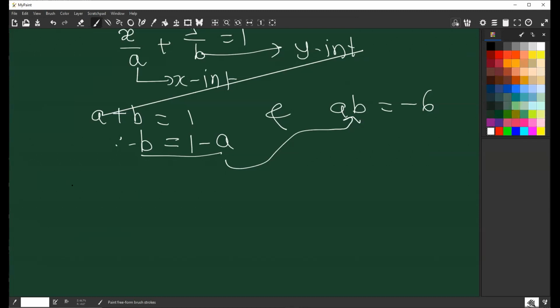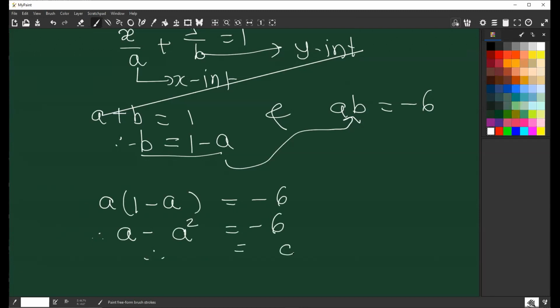You substituted b as 1 minus a there. So a into 1 minus a is equal to -6. So a minus a square is equal to -6. So a square minus a minus 6 is equal to 0. Factors: a minus 3 and a plus 2.